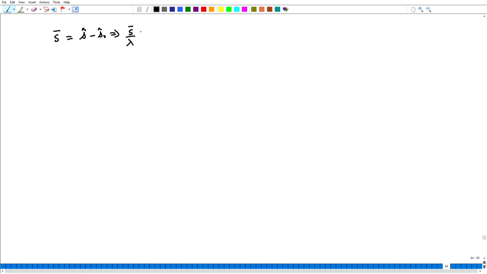So, S bar upon lambda equals S cap minus S naught cap, and again it is the same form. If S bar upon lambda becomes a reciprocal lattice vector, then there would be diffraction of X-rays. Again, to emphasize, these two are unit vectors.